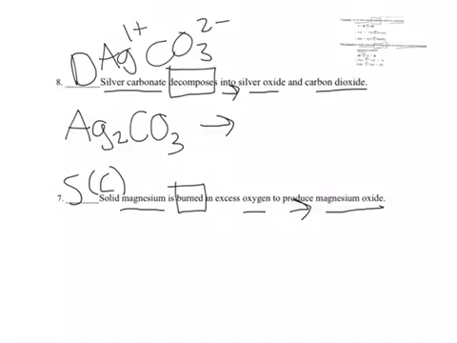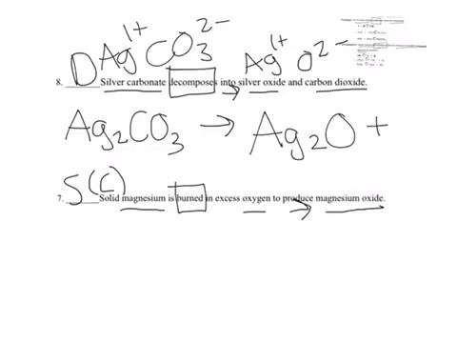Decomposes into silver oxide, also an ionic compound, so check the charges. Silver +1, oxide 2-, so it becomes Ag2O, plus carbon dioxide, which is a covalent compound. We just write 1 carbon and 2 oxygens. So that is our reaction.